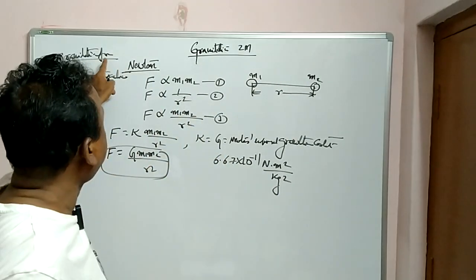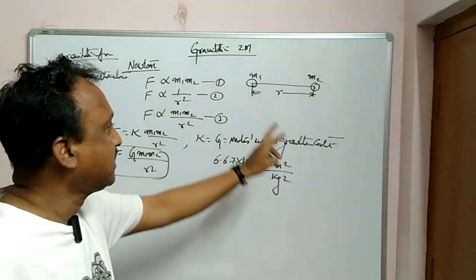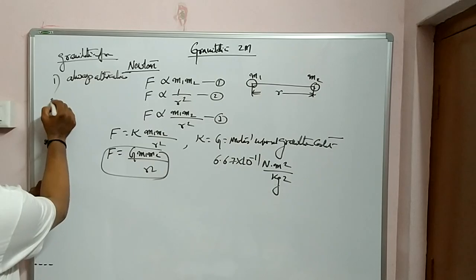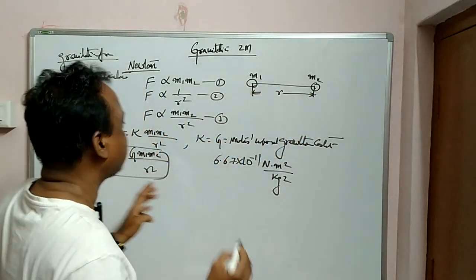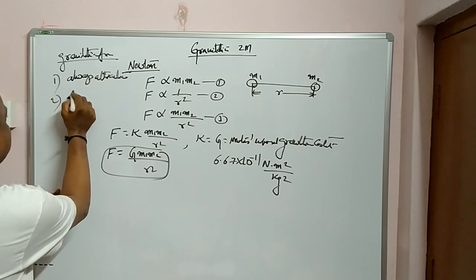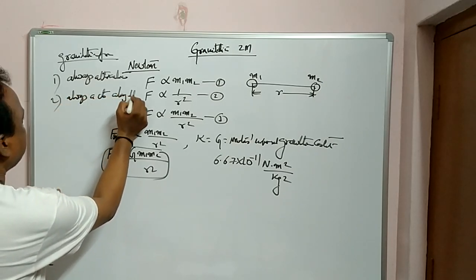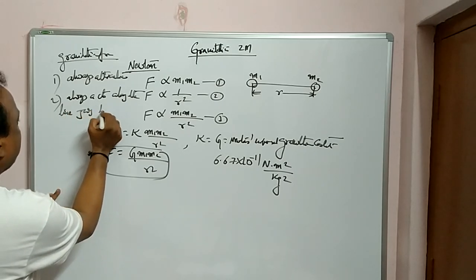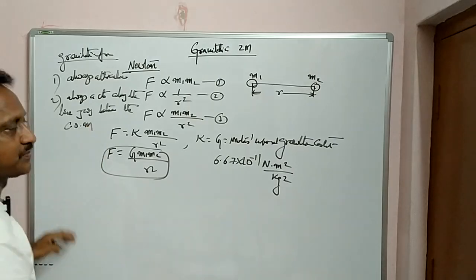But Newton's gravitational force is always an attractive force between the two bodies. And it always acts along the line joining the centers of masses, please.